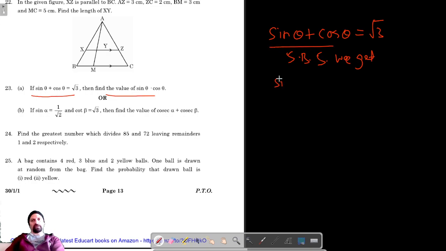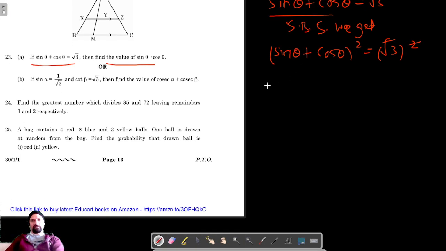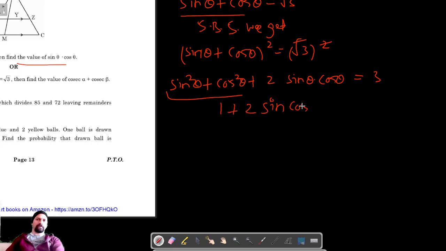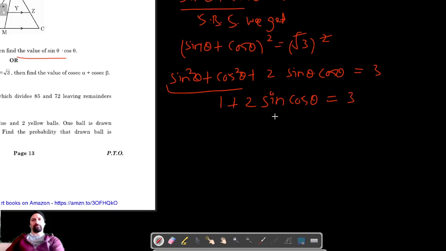Sine theta plus cos theta the whole square is equal to root 3 the whole square. So this gets cancelled, and this is now sine square theta plus cos square theta plus 2 sine theta into cos theta is equal to 3. Now sine square theta plus cos square theta is 1. So this is 1 plus 2 sine theta into cos theta is equal to 3.